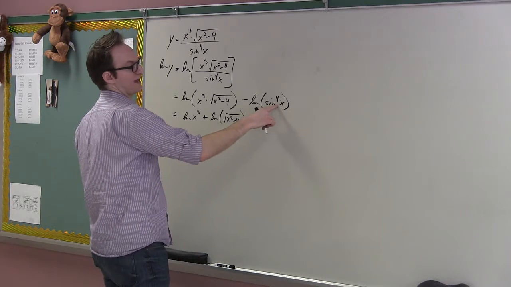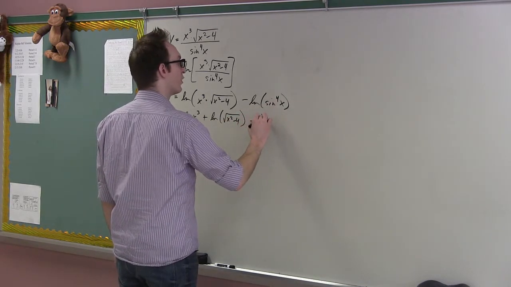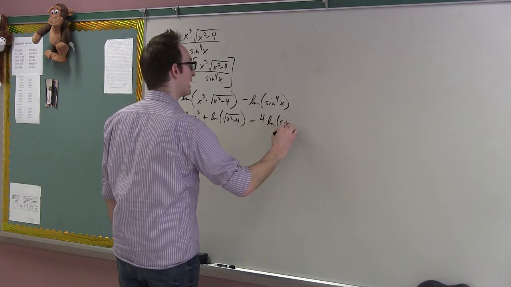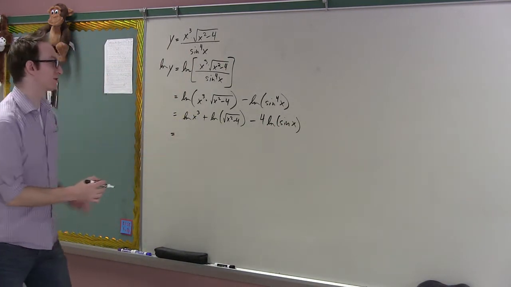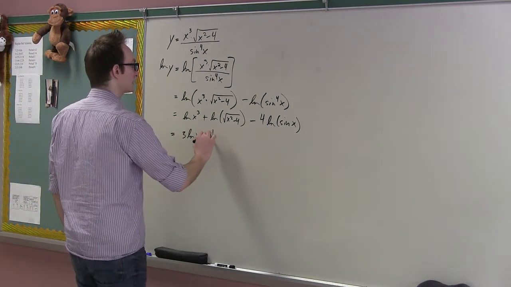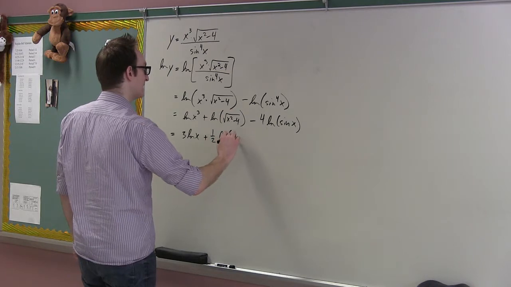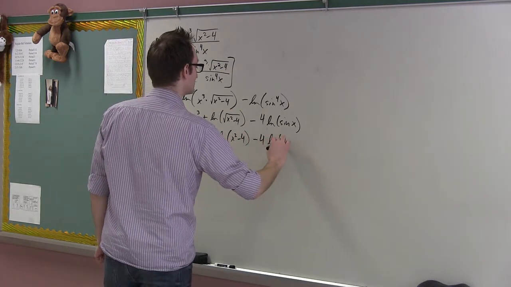And then since that 4 is really up there, this becomes minus 4 ln sine x. And then here, of course, as you're all seeing, this can also be simplified. So we get 3 ln x plus 1/2 ln x squared minus 4 minus 4 ln sine x.